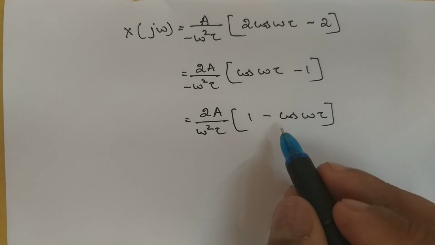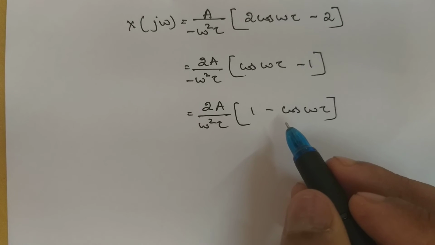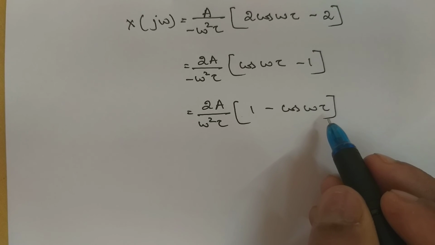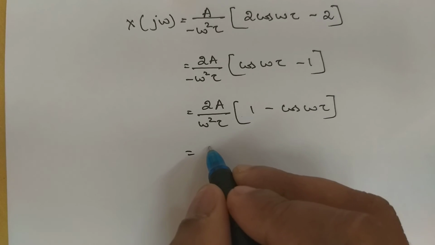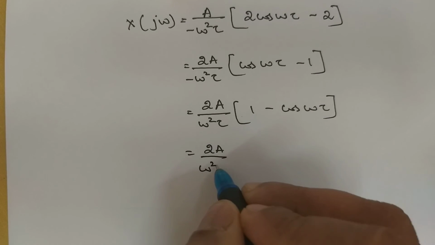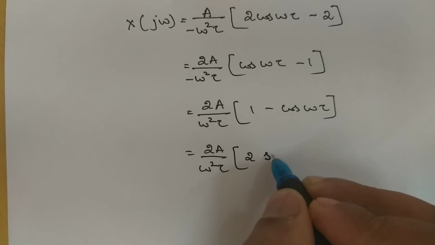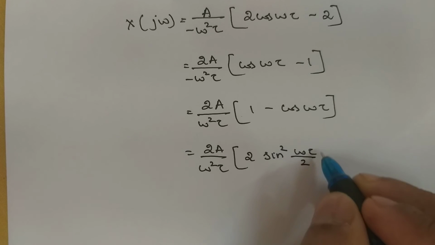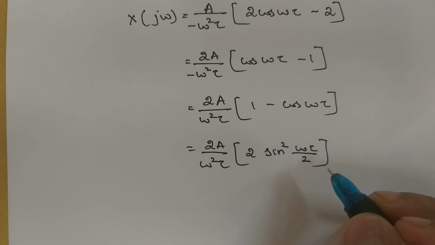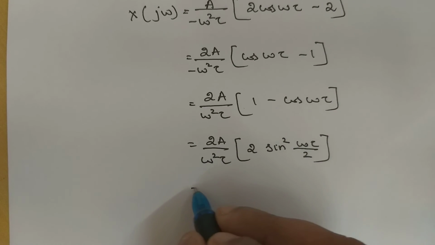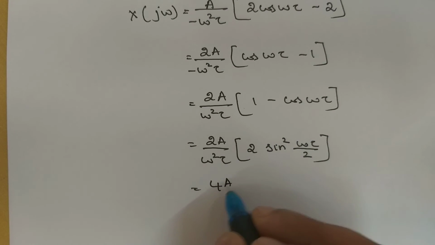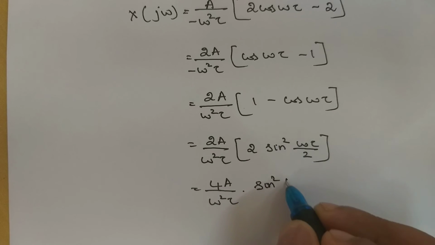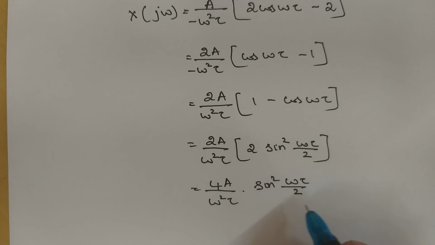Using the trigonometric identities, 1 minus cos of omega tau is nothing but 2 sine square of omega tau divided by 2. So writing it in terms of the sampling function, this will be 4a by omega square tau into sine square of omega tau by 2.